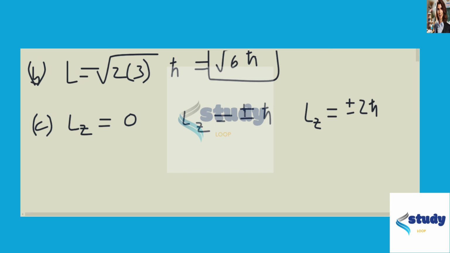Okay, so based on this, we can find the angle between L and the z-axis using the fact that the angle, which we can call theta, is equal to the inverse cosine of L sub z over L, that we found.